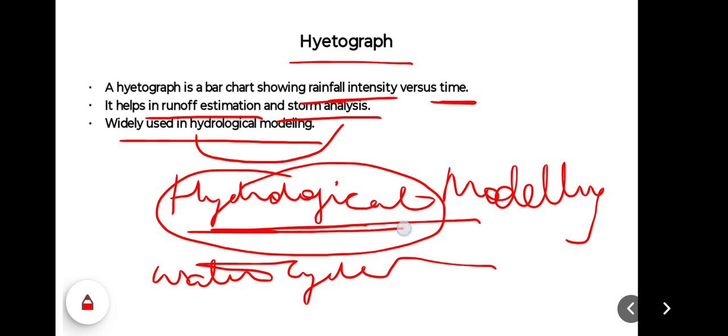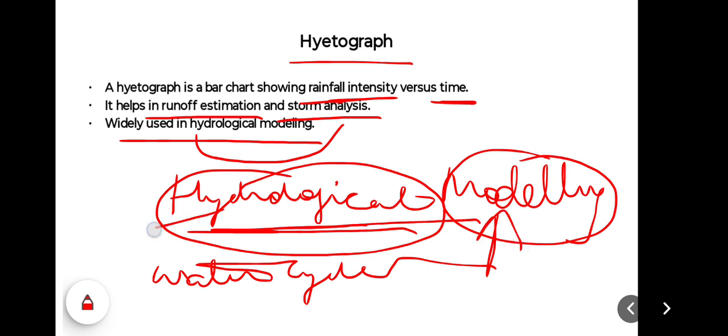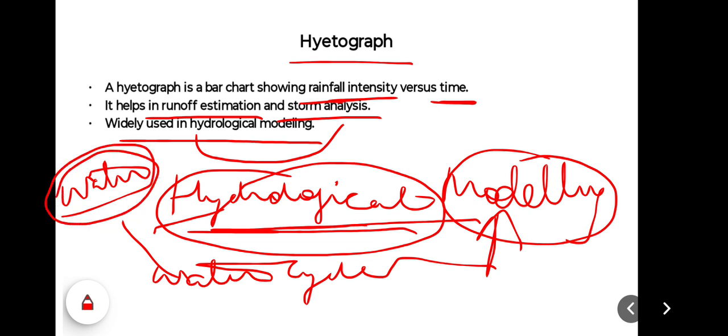In hydrological modeling, there are some models. In the water cycle there are expressions of water balance, and this water balance equation is solved in these models.